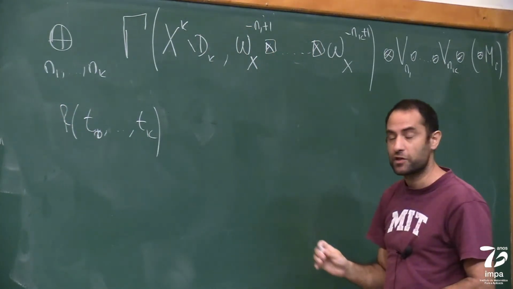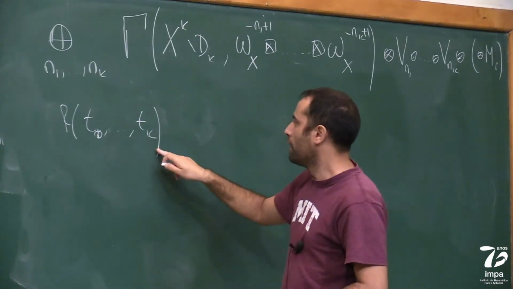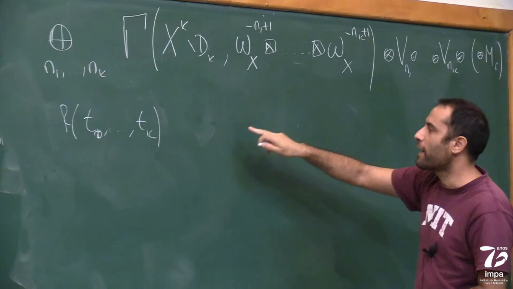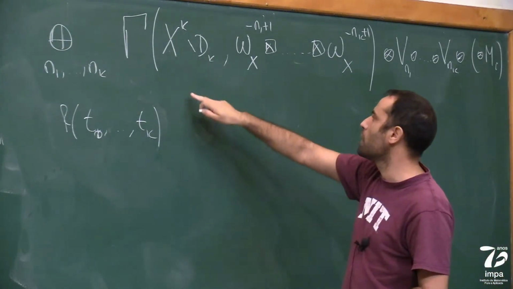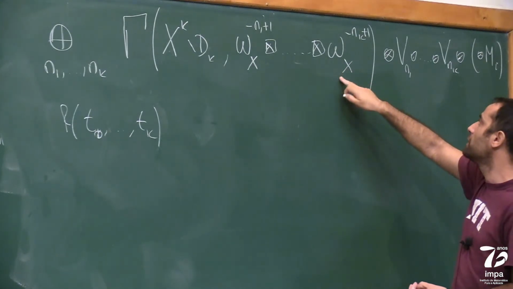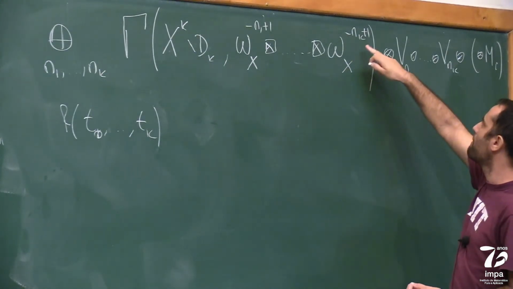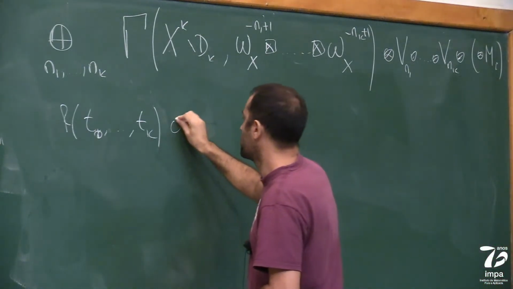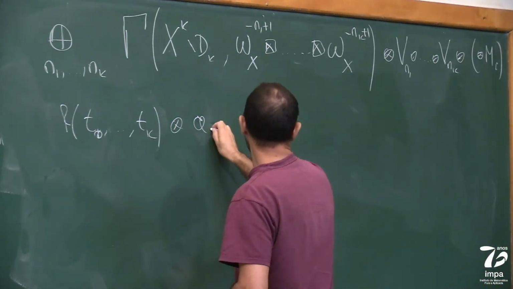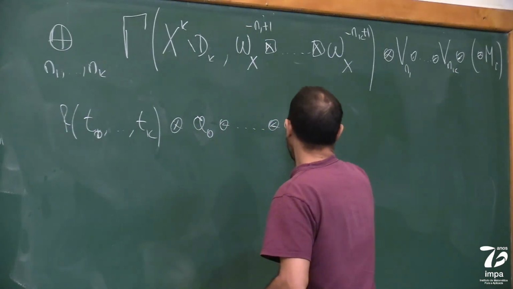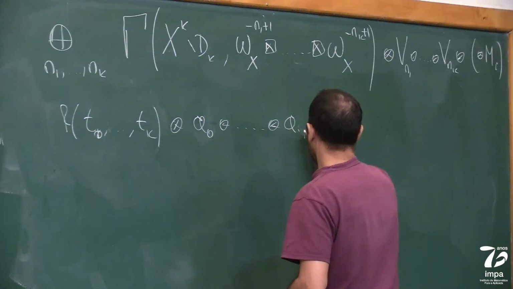I'm going to take a differential. And it's a function because I've already trivialized this thing. So I should write (d/dt0)^{-n0+1}, (d/dt1)^{-n1+1}, up to (d/dtk)^{-nk+1}, which I'm not going to write. So I'm going to have a0, up to ak.